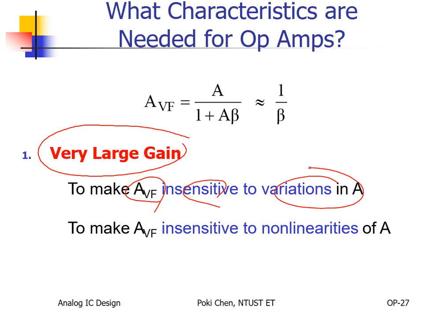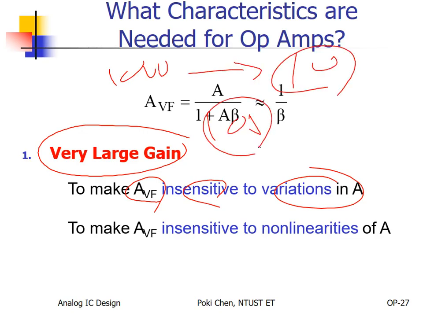I told you again and again: the amount you reduce your gain, you sacrifice your gain, how much you sacrifice your gain is used to enhance all the other parameters. For example, if your original gain is 1,000, you reduce it to 10, then you sacrifice 100 times for your gain. Then congratulations. For all the other parameters, the bandwidth, the linearity, the error, all of them will be improved by 100 times, almost. That is the power of negative feedback.